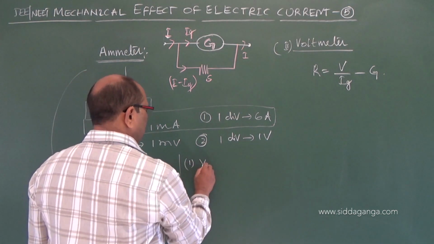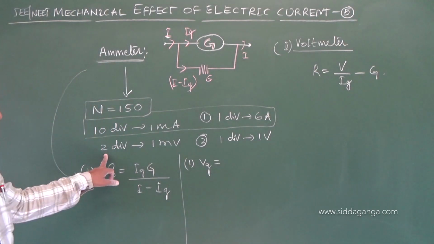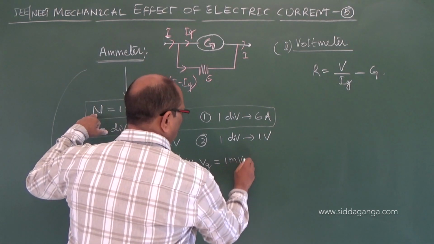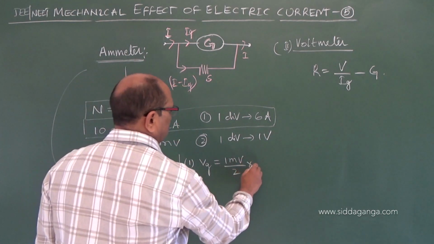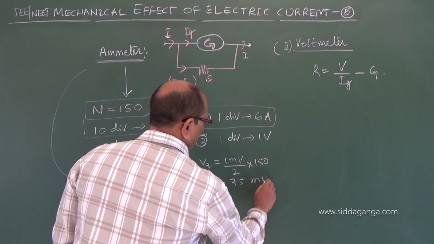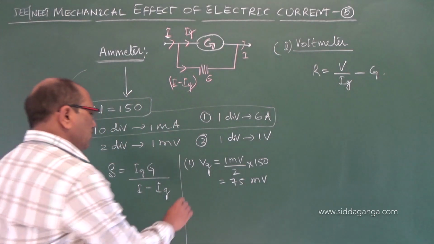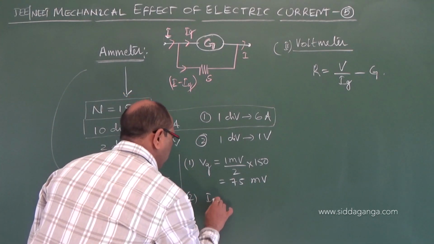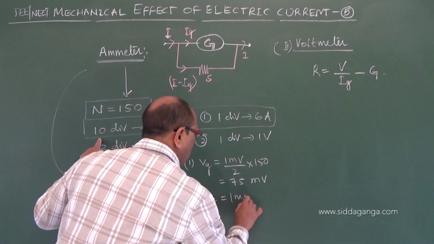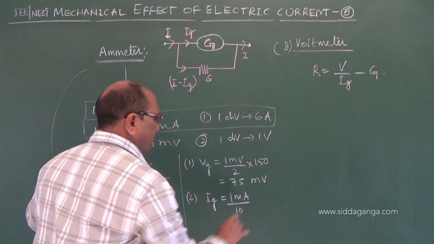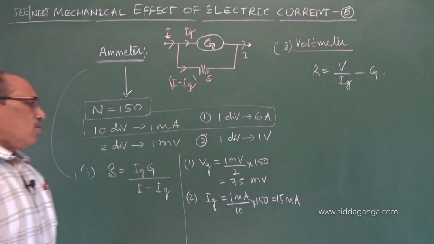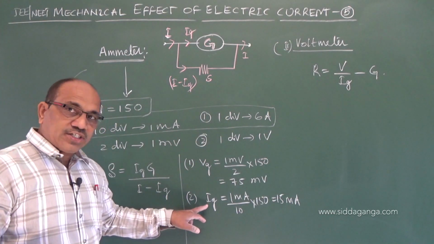First calculate Vg. 2 divisions 1 millivolt. How many divisions are there? 150. 1 millivolt by 2 divisions into 150 gives you 75 millivolts. Similarly, second calculate Ig. Ig is 1 milliamp per 10 divisions, multiplied by 150 becomes 15 milliamps. What we obtained is the full scale deflection current in the galvanometer.